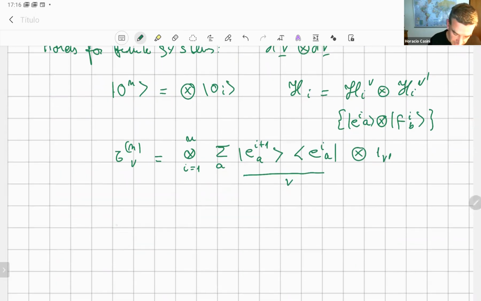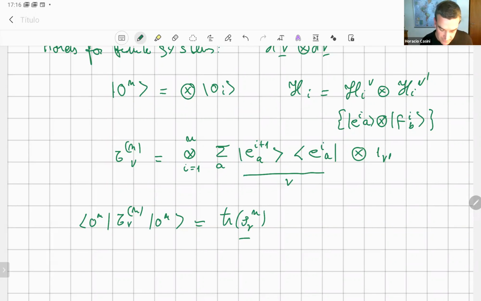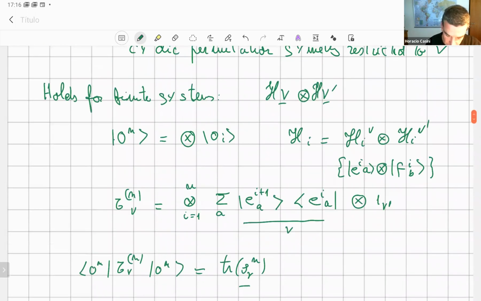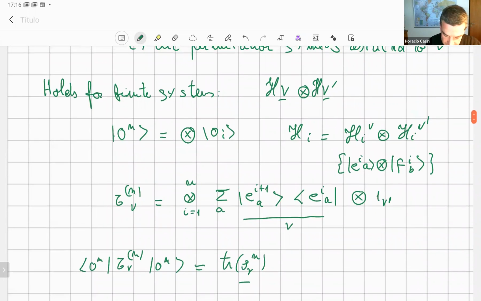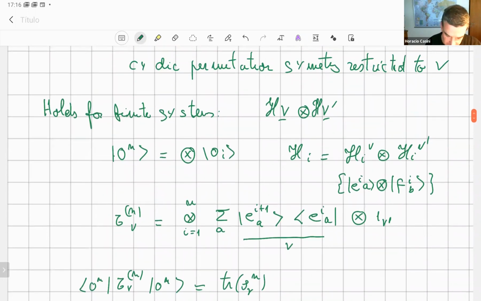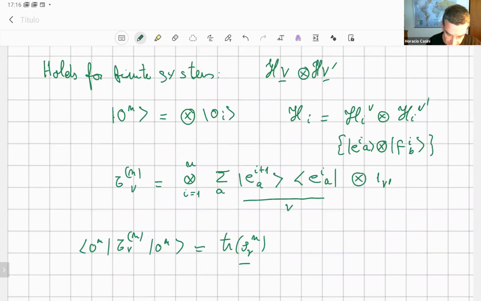You can compute the expectation values of these operators, and it will give you the trace of rho to the n, the trace of the density matrix in the original copy, which has the region B, to the power n. So it's a very general thing. And somehow it allows you to relate entropic quantities to something that is measurable, because it's an operator. Somehow you can, in principle, think of measuring operators related to the twist.